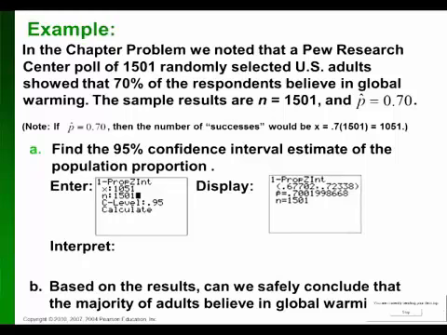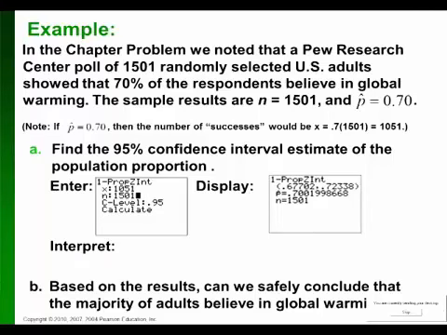We're trying to estimate the proportion of the population who believe in global warming. But before that, we want to come up with a confidence interval. The number in the sample is 1,501. The proportion of the sample, that's P hat, the proportion of the sample who believe in global warming was 0.7.